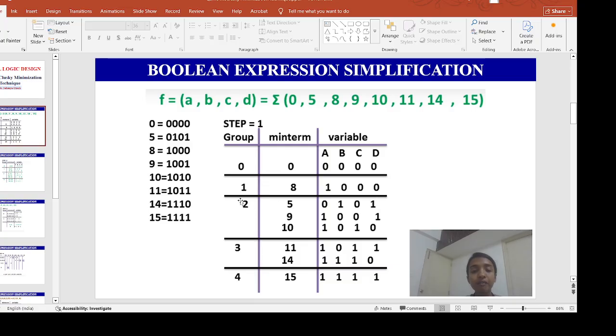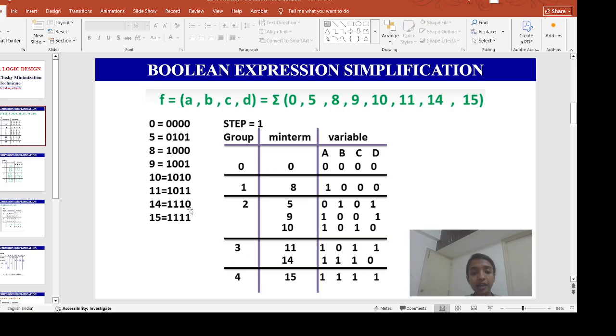Then we have to identify the group where the number of ones is now 2. See, in min term 5, min term 9 and min term 10, the number of ones is 2. So we have to group these min terms 5, 9 and 10. Then we have to identify the group where the number of ones is 3.